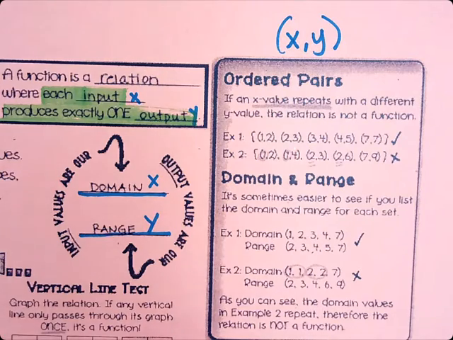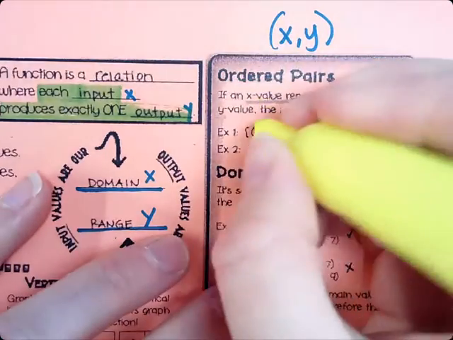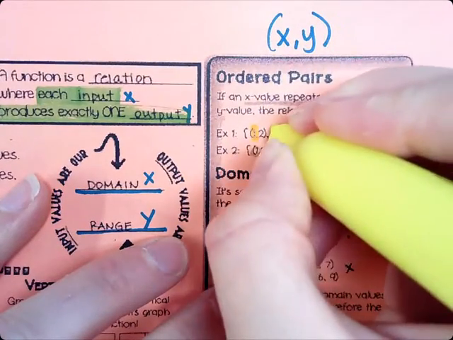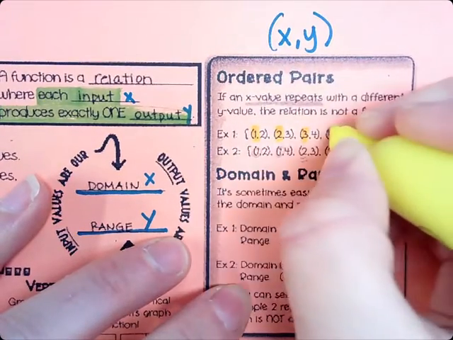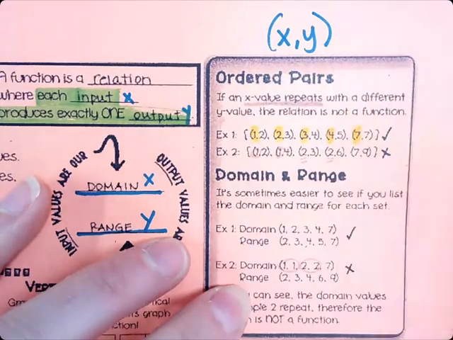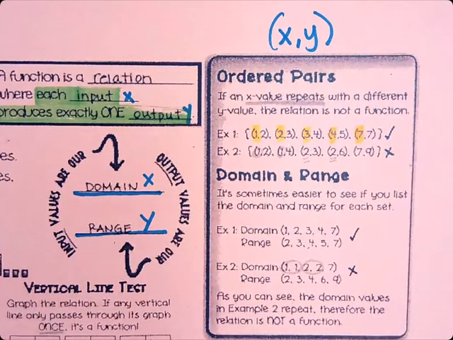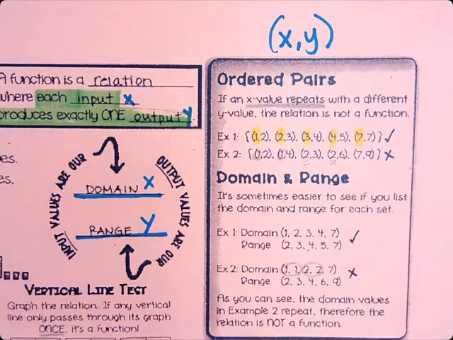The only thing you're looking at are the x values. So I'm going to highlight them: 1, 2, 3, 4, and 7. So that is a function. There's a little check mark saying it's a function.